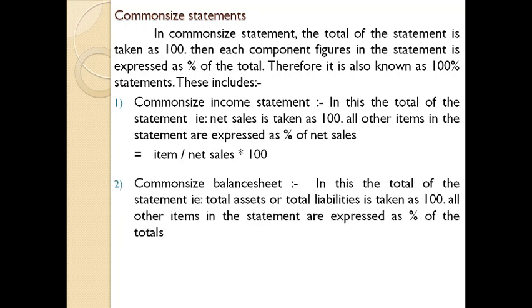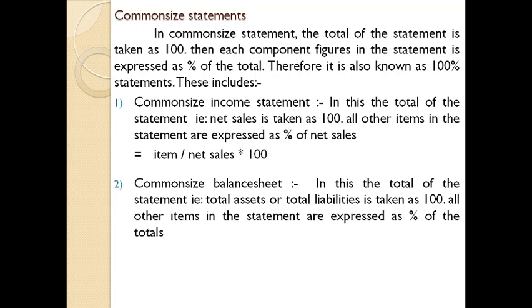Next one, common size balance sheet. In this, the total of the statement, that is total assets or total liabilities, is taken as 100. Then each component of the balance sheet, that is assets, liabilities, capital or reserve, is related to this total and expressed as a percentage of the total.